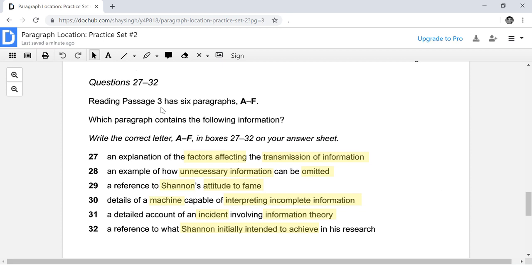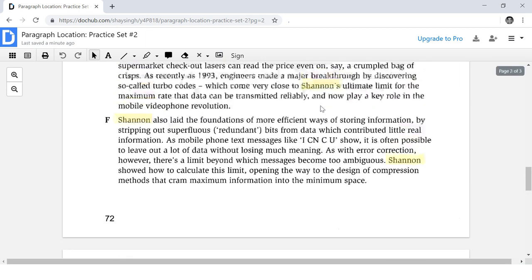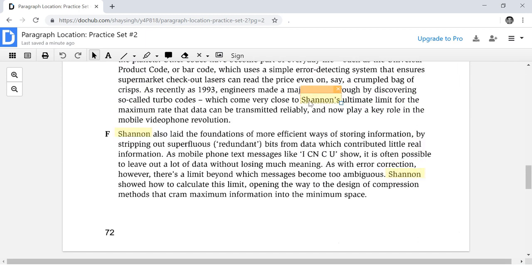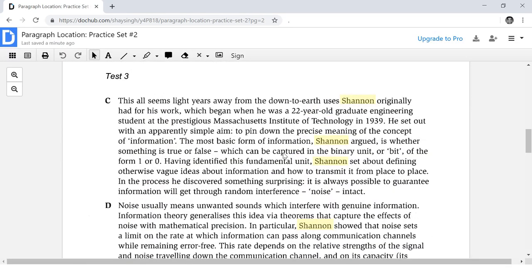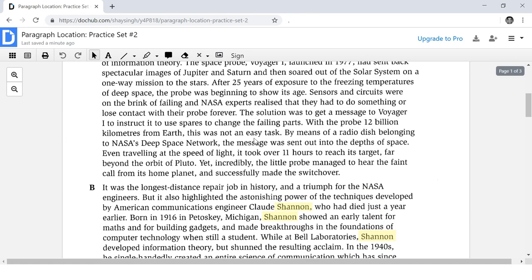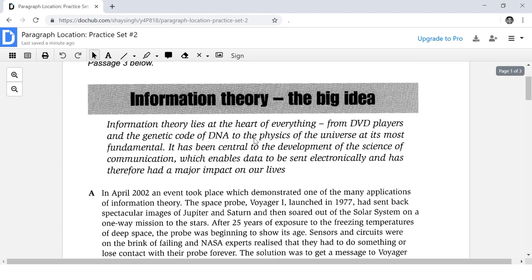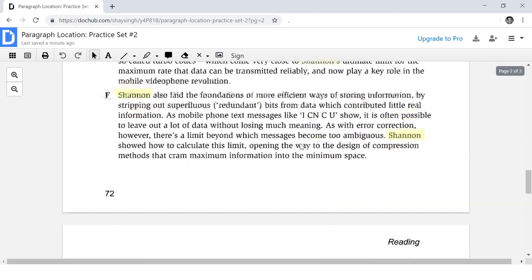So since I'm assuming that I've already answered the easy questions first, I have marked some keywords here. The proper noun Shannon, I've gone ahead and marked that so that you can see how we already have access to certain information from answering the easy questions first. Typically speaking, when you return to these difficult questions after having answered the easy questions first, you should be able to answer most of the difficult questions.